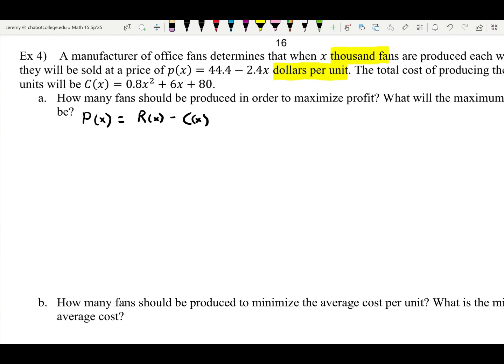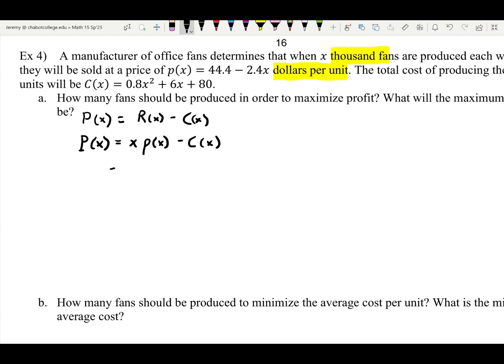But revenue is just the price per unit times the number of units that we sell. So this is just x times p of x minus C of x. And remember, profit is usually capital P, and price is lowercase p. That's how I usually do it.